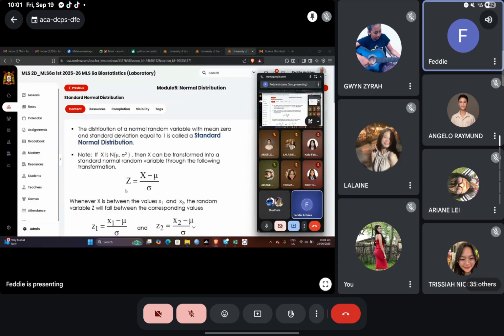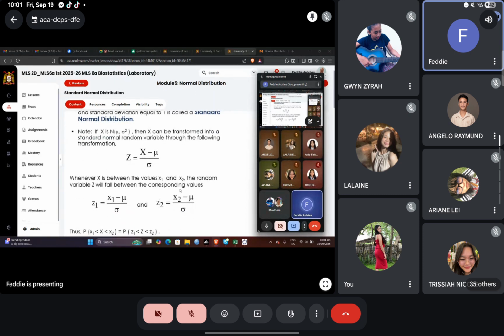We can use this if your problem falls to the left or to the right. But whenever X falls between two values, we can make use of this Z-score: Z sub 1 equals X sub 1 minus the mean over the standard deviation, and Z sub 2 equals X sub 2 minus the mean over the standard deviation, and then calculate the values.